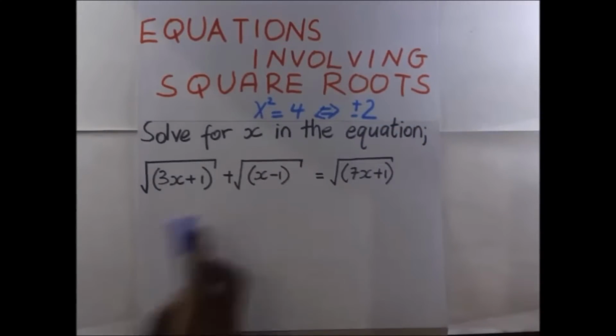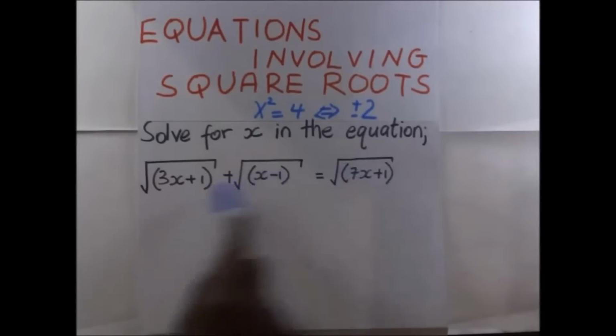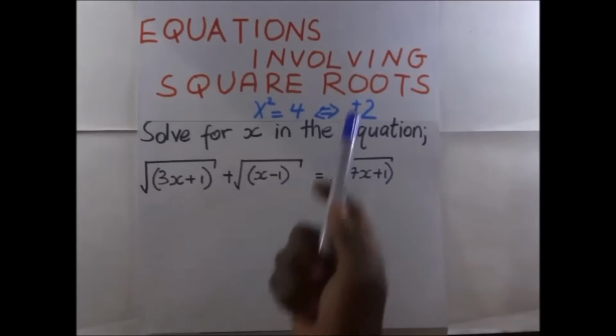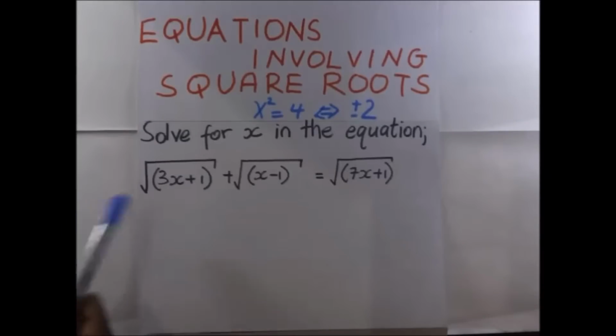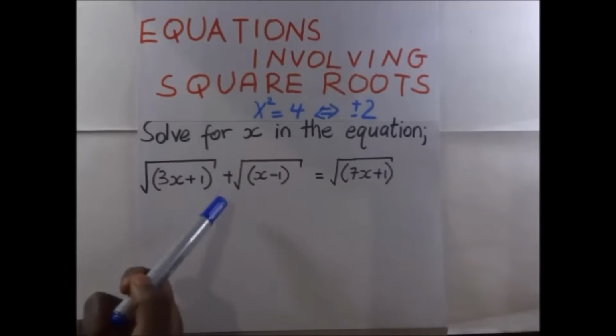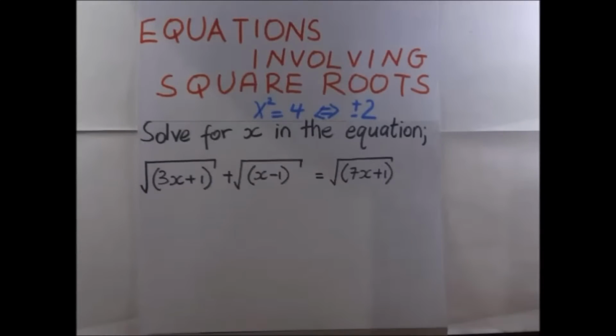So it means, since on squaring both sides we are going to be creating an extra solution for the value of x, then for all equations involving squaring on both sides, all roots that we get at the end of calculation must be checked in the original equation.